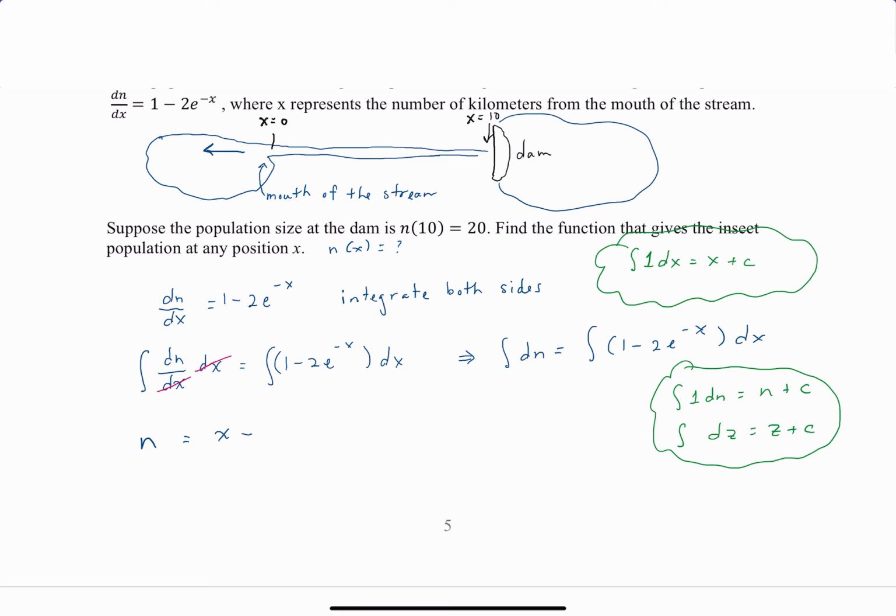On the right-hand side, the integral of 1 dx is x, minus the 2 comes along for the ride, and I do have to integrate e to the minus x dx. I'll use a little u substitution for that. If u is negative x, du is negative dx. So I'm going to put a negative du in for my dx.